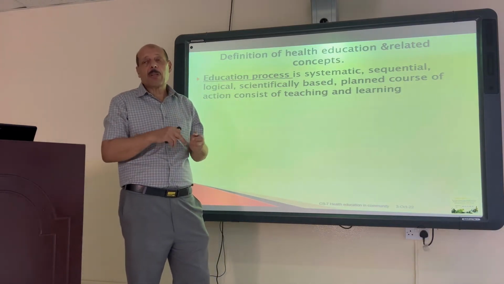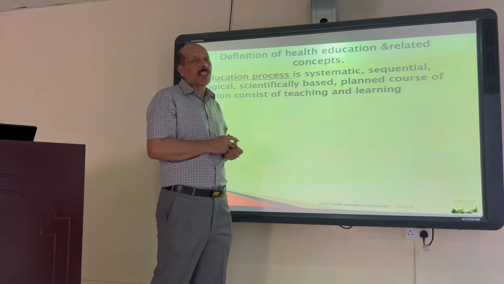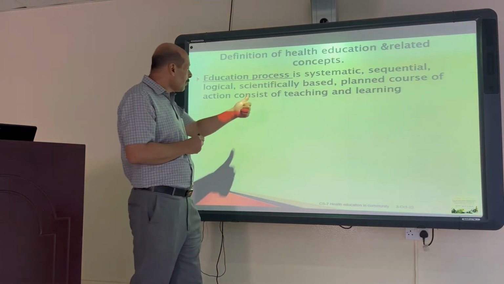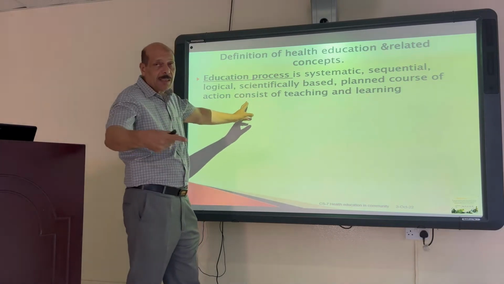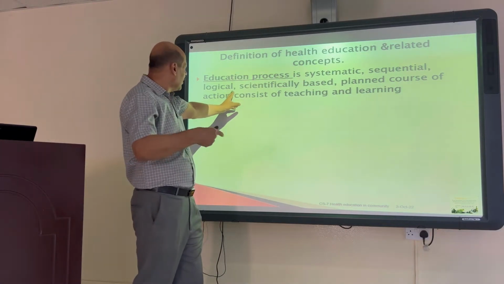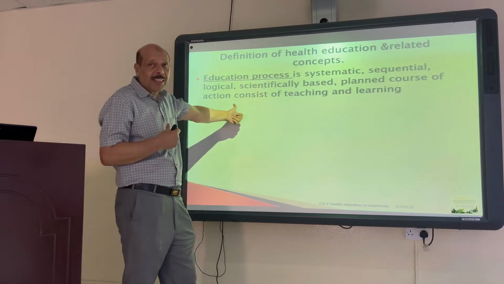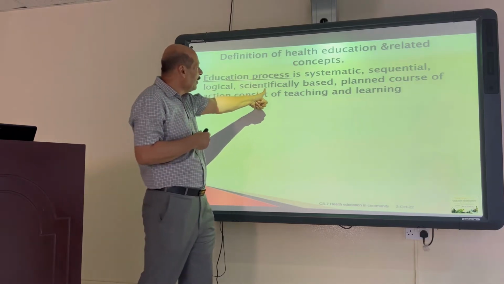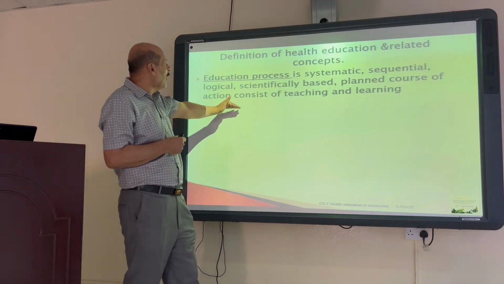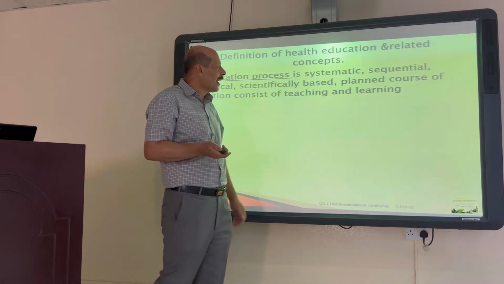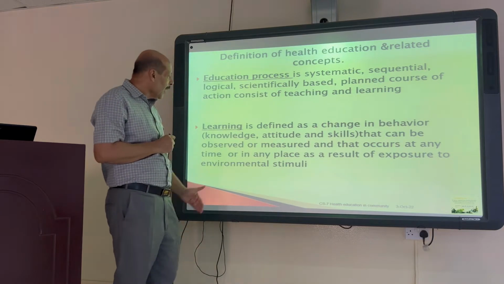So in order to have the education properly, it is a systemic process, sequential, depending on each other in sequence. It has to be logical, science-based, and a planned course of action consisting of teaching and learning.